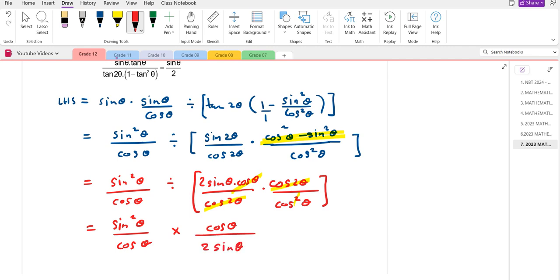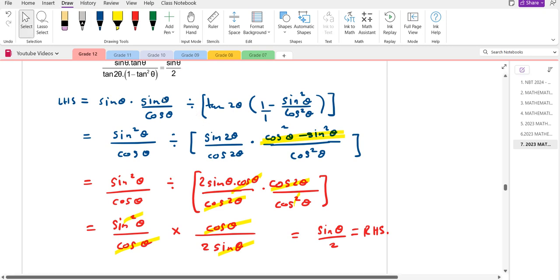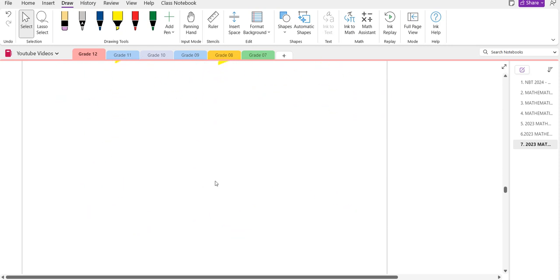Cos theta cancels out, the sine theta cancels out with one sine there, so we are left with sine theta over 2, which is equal to RHS. So I hope you guys understood that. It wasn't difficult, it was just a matter of rewriting it. Whenever I have tan in the denominator, I always write it like this, divided by. Don't write it over, because then you'll run out of space.